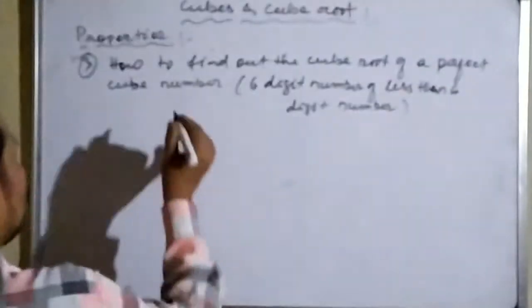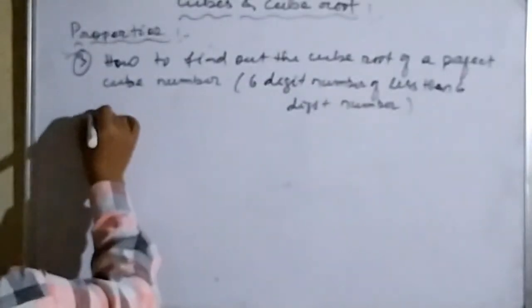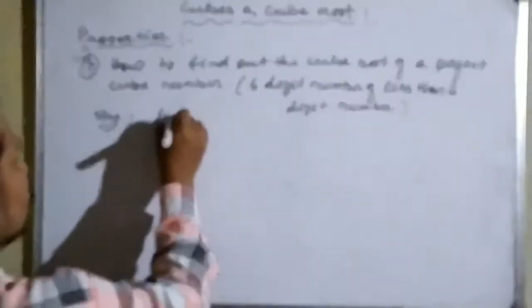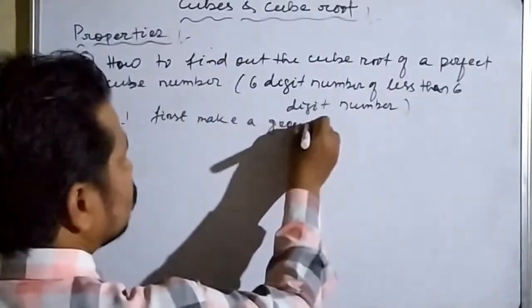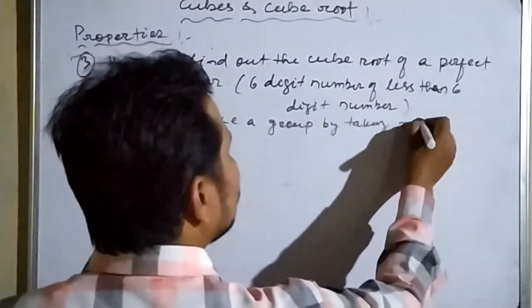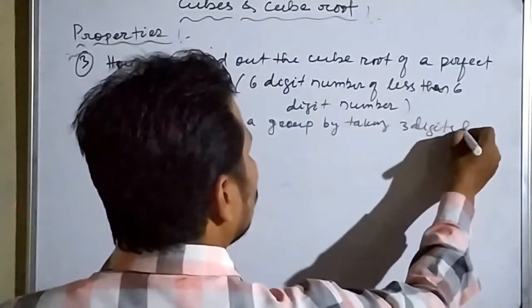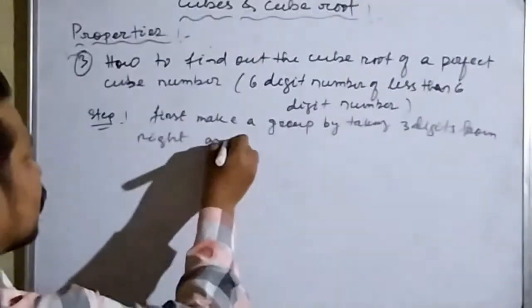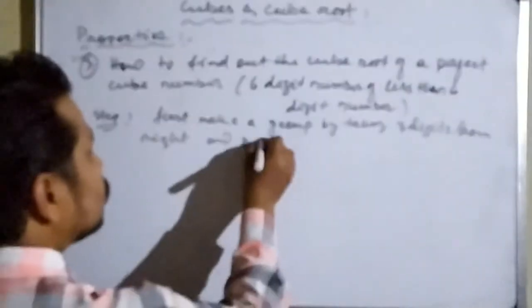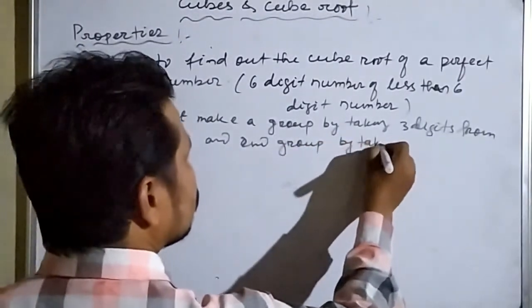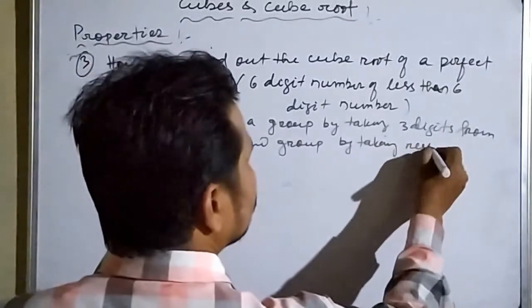For an example, first of all, step 1: first make a group by taking 3 digits from the right end. Second group by taking the rest of the digits.